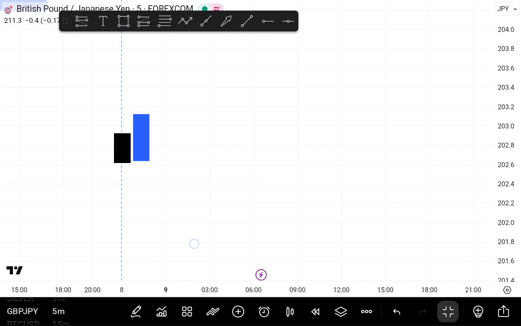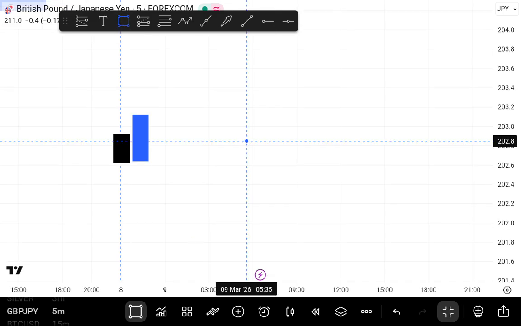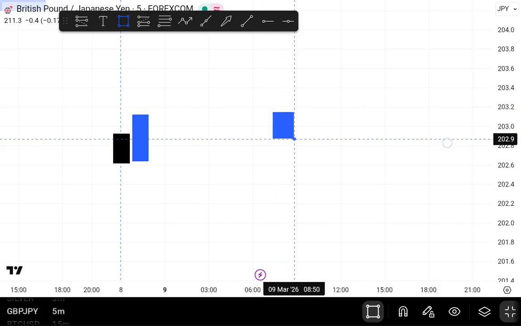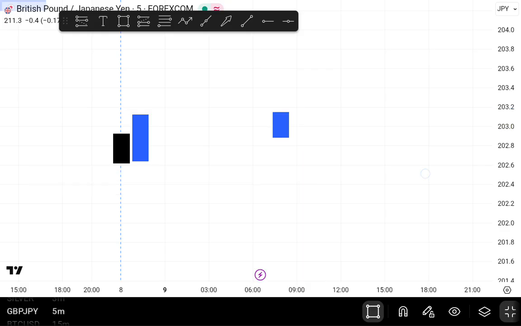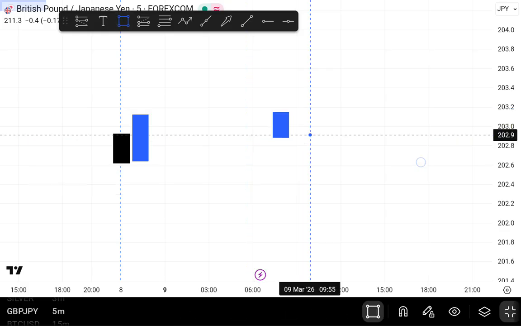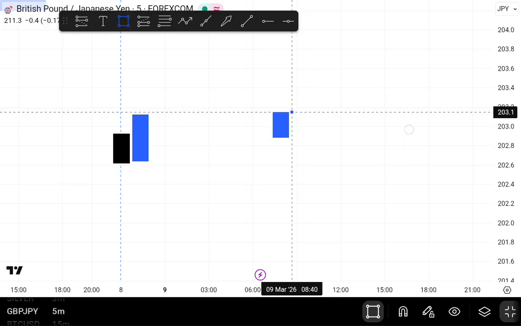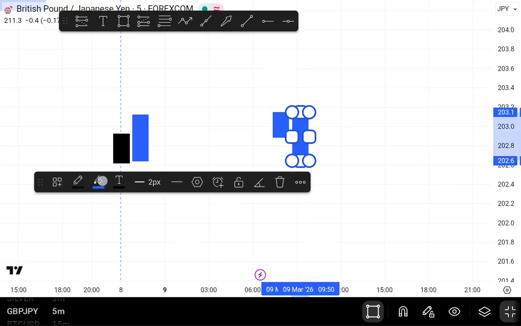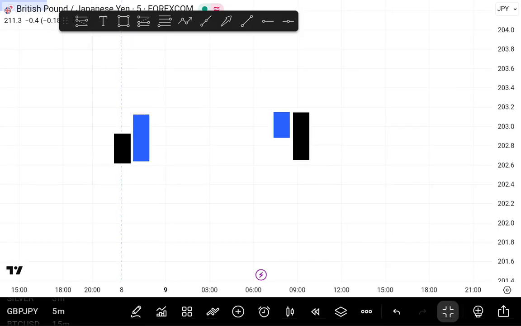This is a buy order block. Then for a sell order block, we have a bullish candle that's engulfed by a bearish candle.